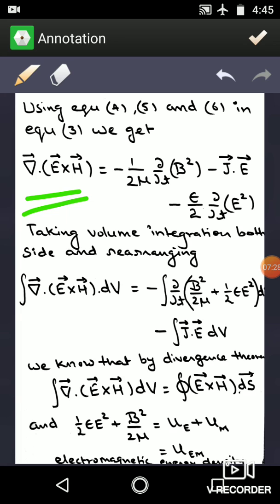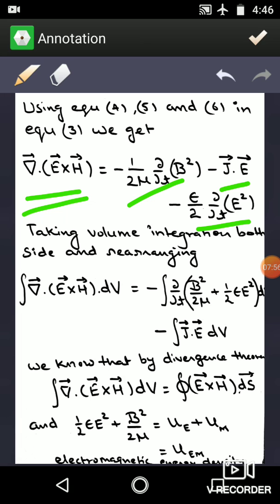The quantity negative of H del B upon del t is written as 1 upon 2 mu del upon del t of B square. We have no change in the quantity J dot E, and the quantity negative of E del D upon del t is replaced by minus epsilon by 2 del upon del t of E square.